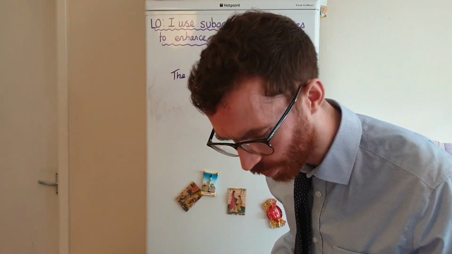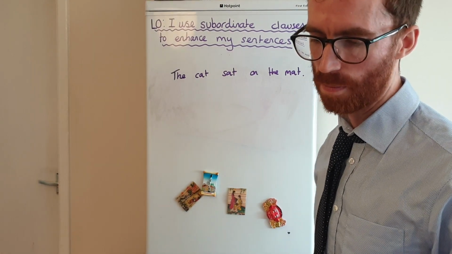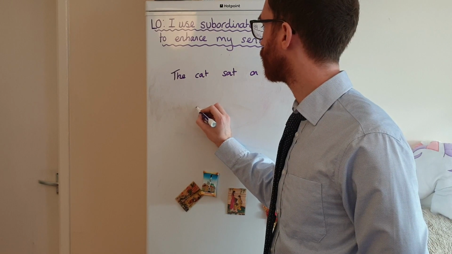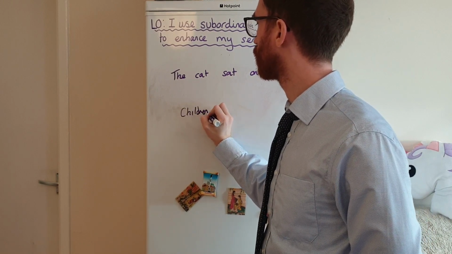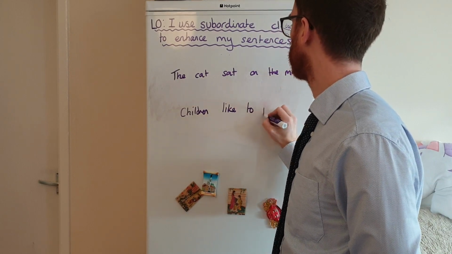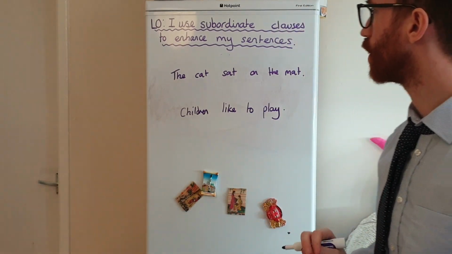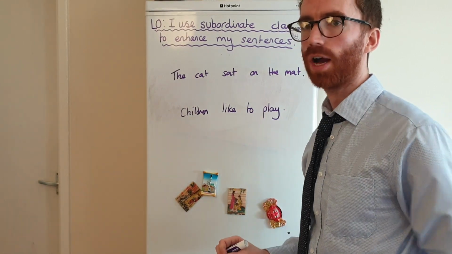Main clause tells me what's going on. The cat sat on the mat, and we'll have one more. I could just have a simple one here. Children like to play.